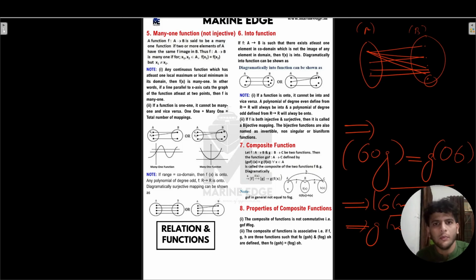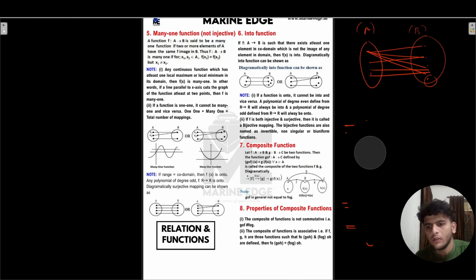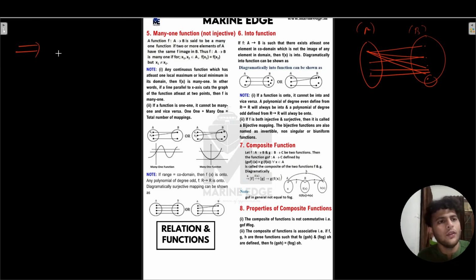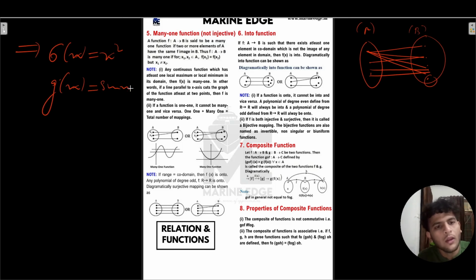Sorry, I think this might be obstructing the view, so let me take this on the other side. If f(x) is equal to x square and g(x) is equal to sine x, what will be the value of f of g? F of g will be sine x square.